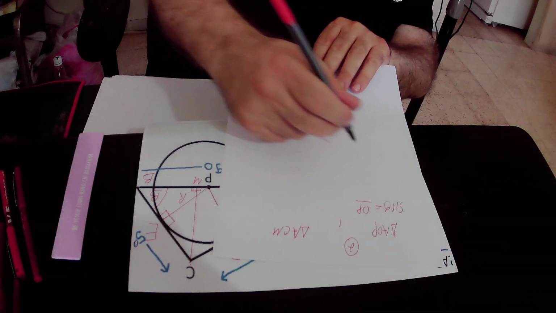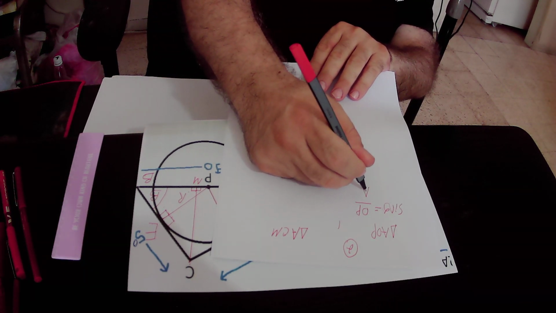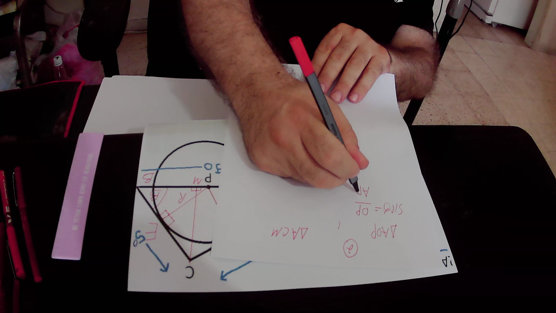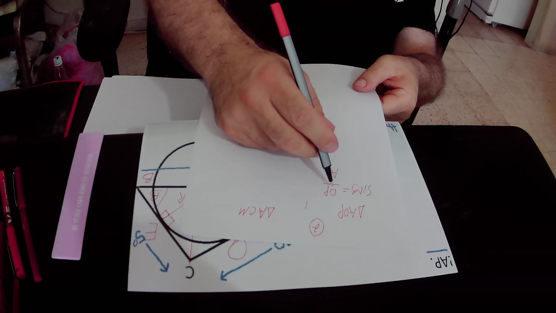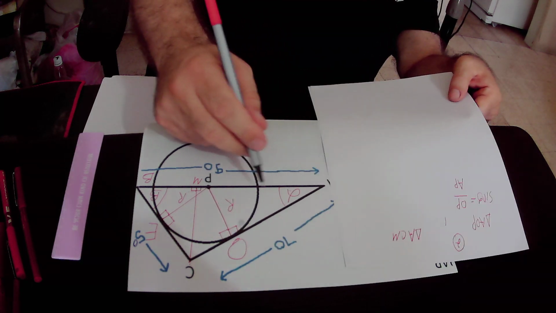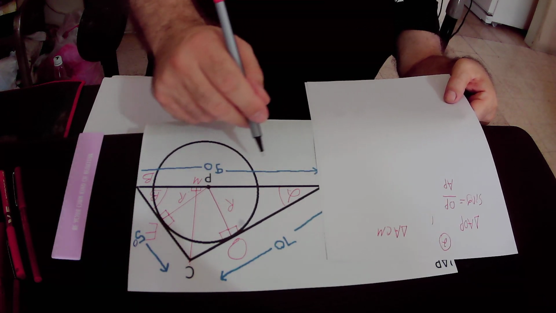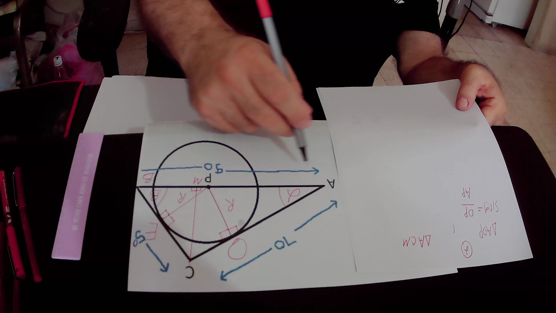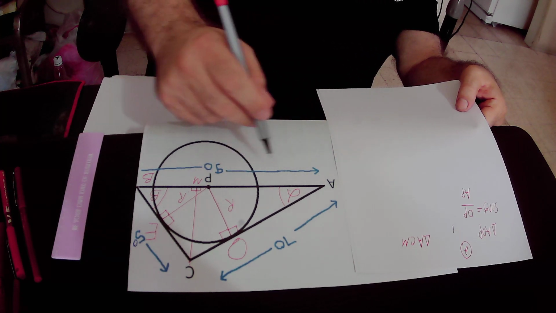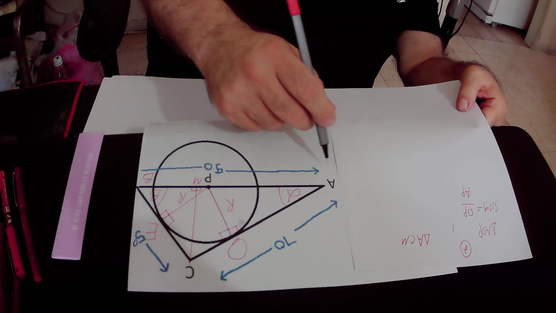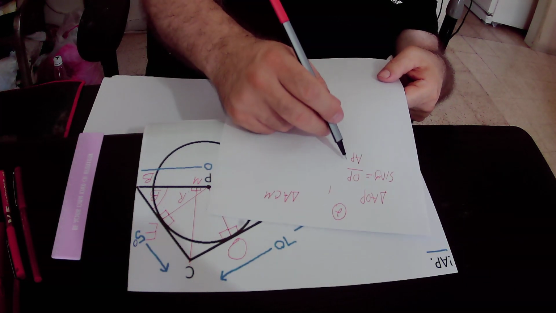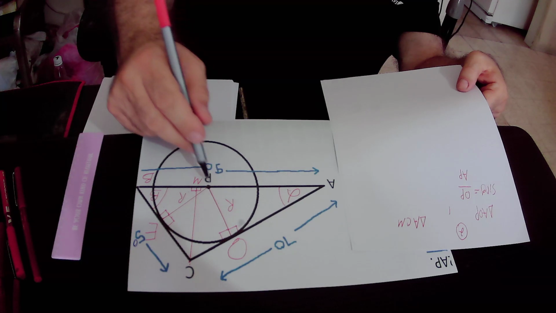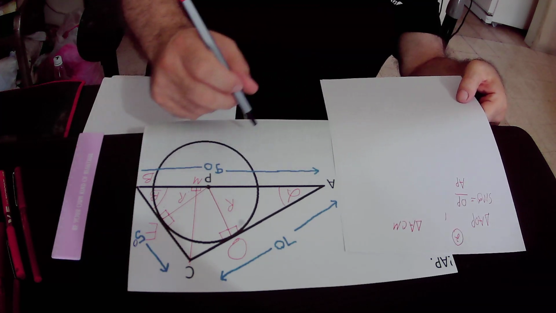So we divide the side that is in front of angle alpha, that is OP, by the hypotenuse of triangle AOP. The hypotenuse of triangle AOP is AP. So sinus alpha equals OP over AP.